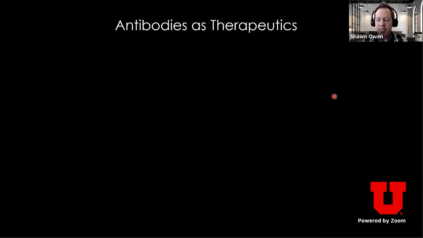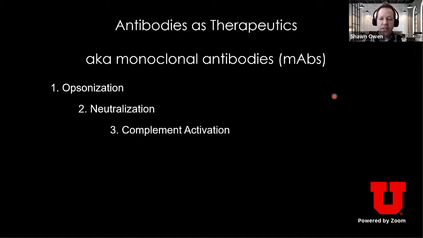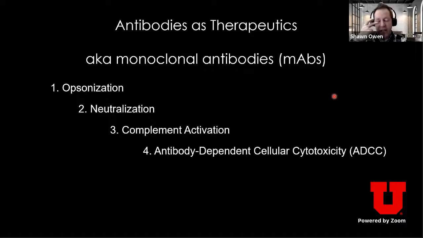So looking at this idea of antibodies as therapeutics. Again, this idea of monoclonal antibodies, MABs, you might hear MABs used interchangeably with antibody therapeutics as I move forward. There are a few mechanisms we've already mentioned: opsonization, neutralization, complement activation, and ADCC, antibody-dependent cellular cytotoxicity.